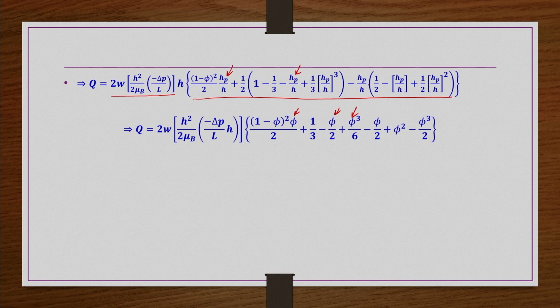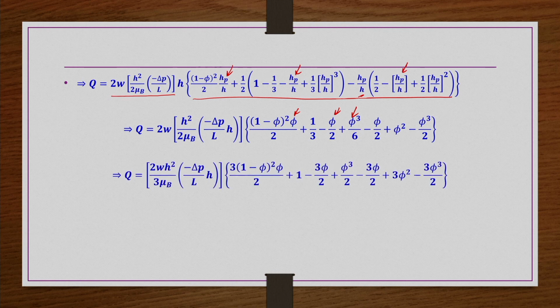Here also Hp by H we write as phi by 2, and this is also Hp by H, so phi into phi square. Like that, here also Hp by H is phi square, and this other Hp by H we multiply, so phi cube by 2, that is what we have. Next step, we divide by 3 and then multiply by 3, so that we can have some simplification.